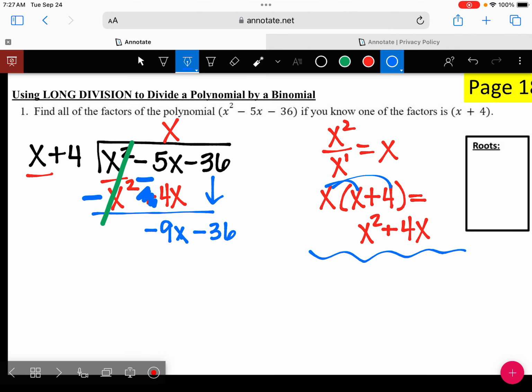So I'm going to take the -9x. Now I'm dividing these two terms. I'm going to take -9x and divide it by x. So do -9x divided by x, and that gives you a -9. Put that -9 on the hood.